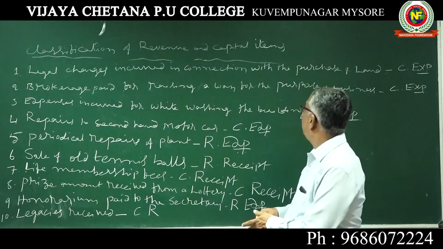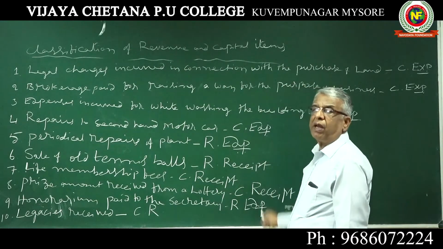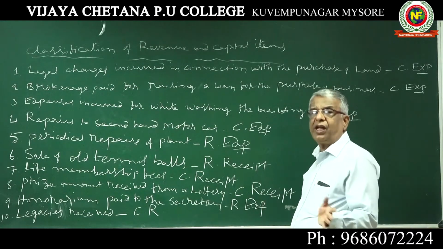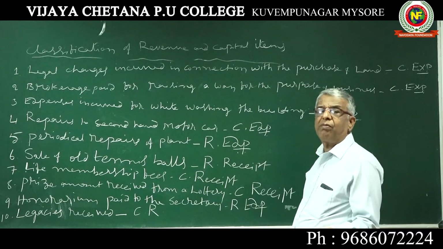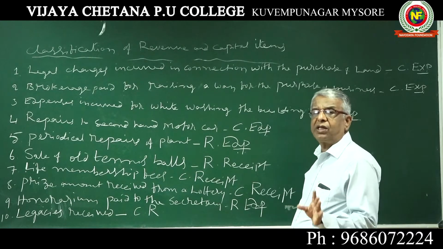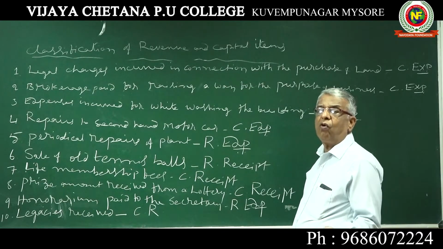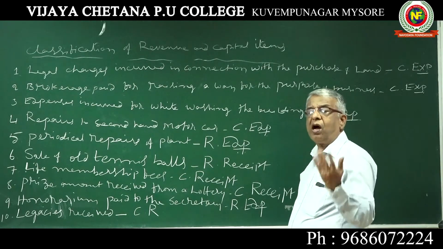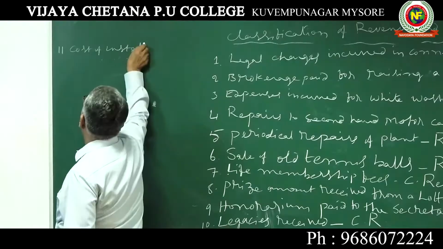I have clearly mentioned here whether it is a receipt or payment. Sometimes the examination just asks to bifurcate whether it is a capital item or revenue item. In examination, you have to answer according to how it is asked.